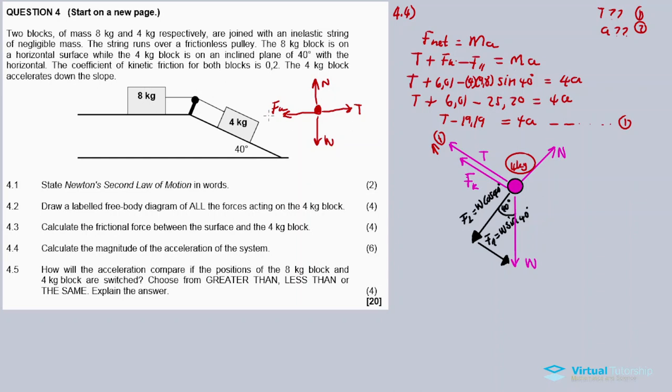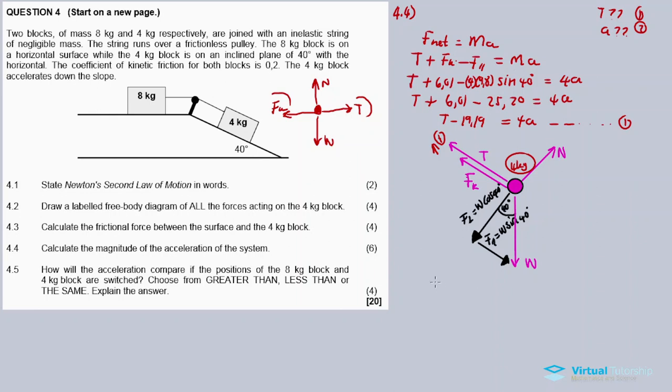For the 8 kilogram block, the second equation is set using Fk and tension, since these are the forces that are parallel to the horizontal surface, as the 8 kilogram block moves horizontally along this horizontal plane. So we calculate F net using the forces parallel to the horizontal plane, which are Fk and tension.